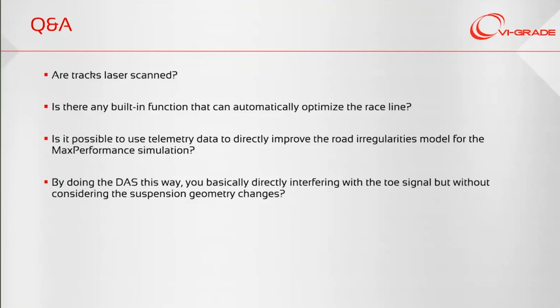And according to regulation, teams can only change the rack displacement on the left side and the right side, but the vehicle model cannot change the rack displacement separately on the left or right side. So we directly add the toe offset in the simulator, but we can simulate the influence on camber angle and the wheelbase change, track width change, and also add the offset to the Simulink model. So we can consider the suspension geometry changes.